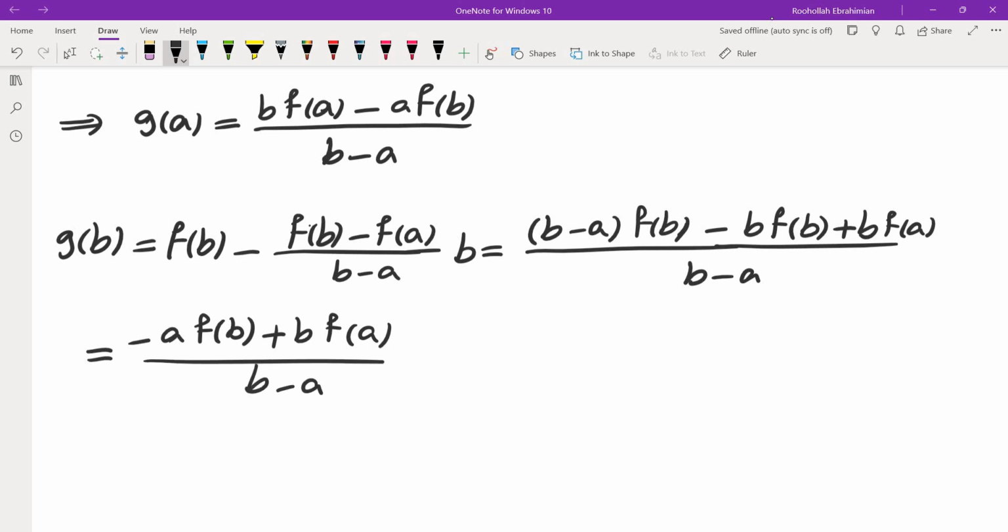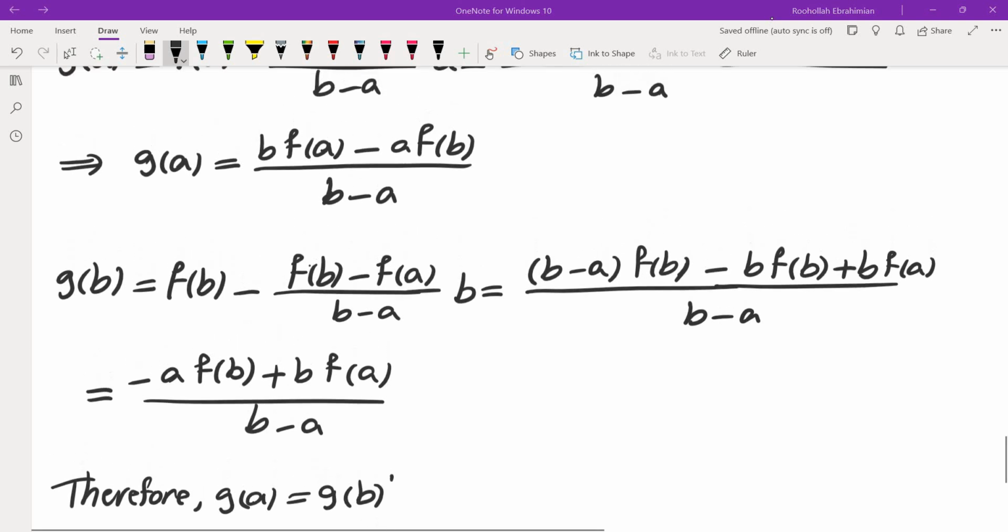And if you compare the two, both of them are b f of a minus a f of b divided by b minus a. Therefore, g of a is equal to g of b.